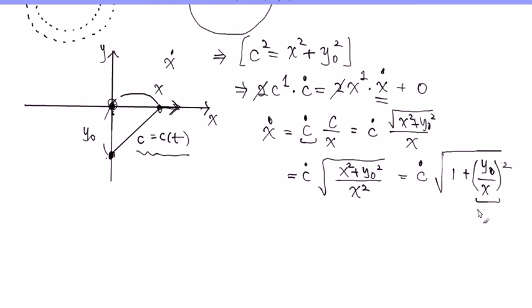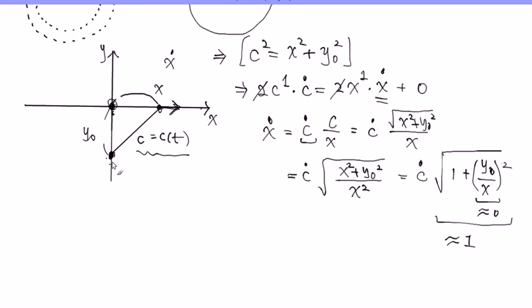Big number or small number? y0 is small, x is big. This is a fairly small number, right? So by continuity, what happened to this entire quantity? It's pretty close to 1, right? Because the square root of 1 plus 0.001 is pretty much 1.